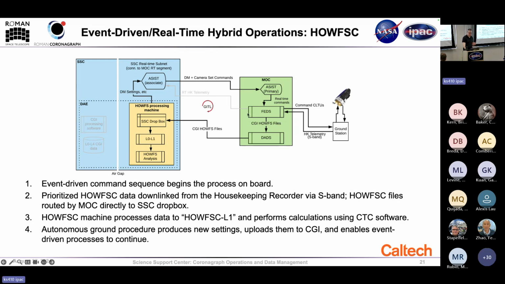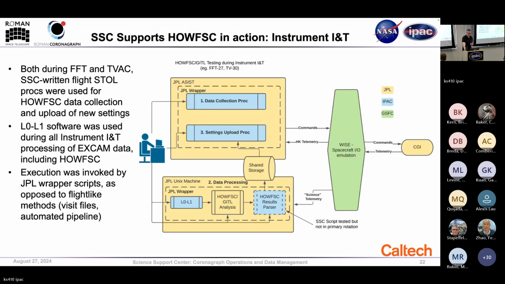Data then get downlinked, and we process them in real time and send commands back up using the real-time capabilities of the ASSIST. So again, combining different capabilities into an interesting whole.